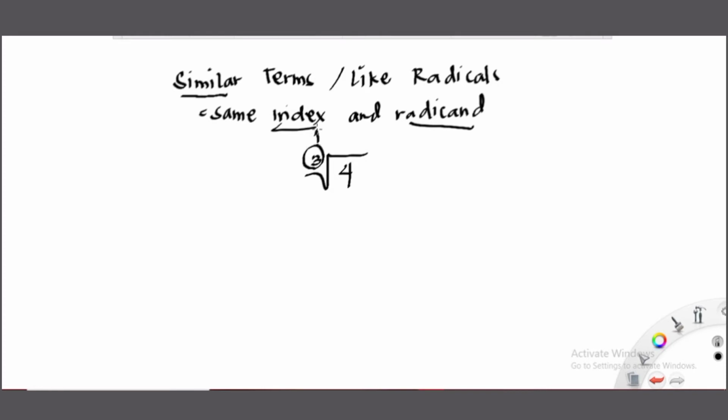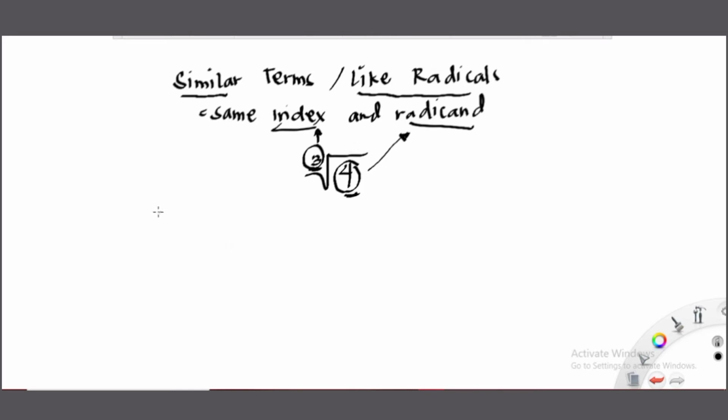And the radicand is the number, or it can be a variable or any terms inside the radical sign. So the radicand here is 4. Again, similar or like radicals are those radicals that have the same index and the same radicand. At yun lang yung mga radicals na pwede nating i-add or i-subtract.